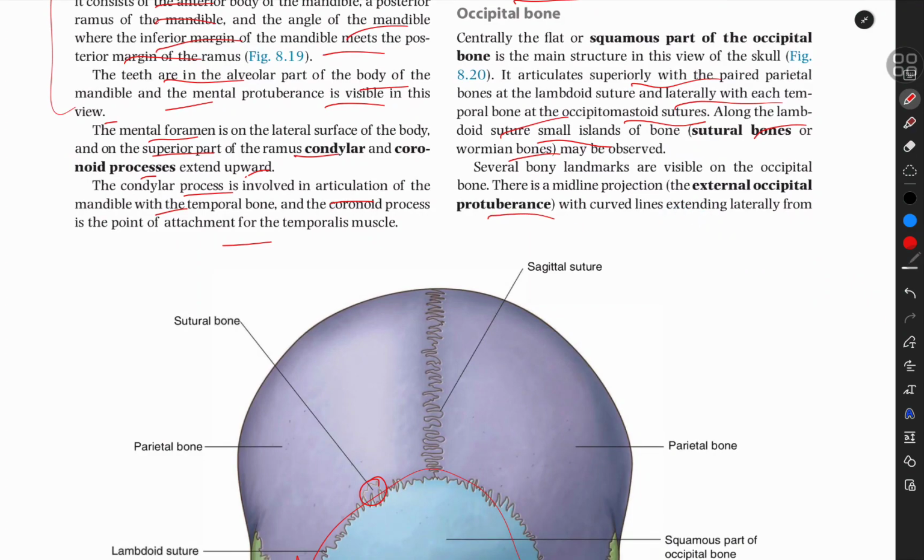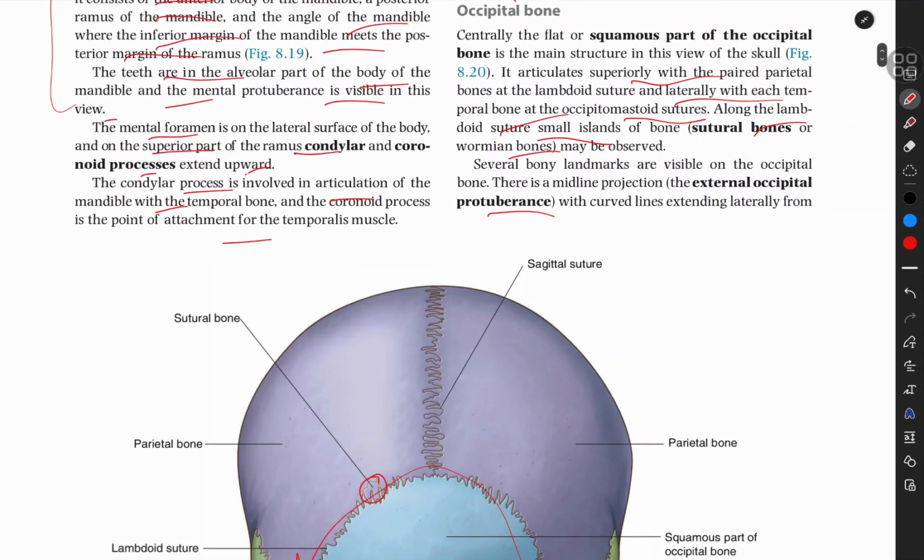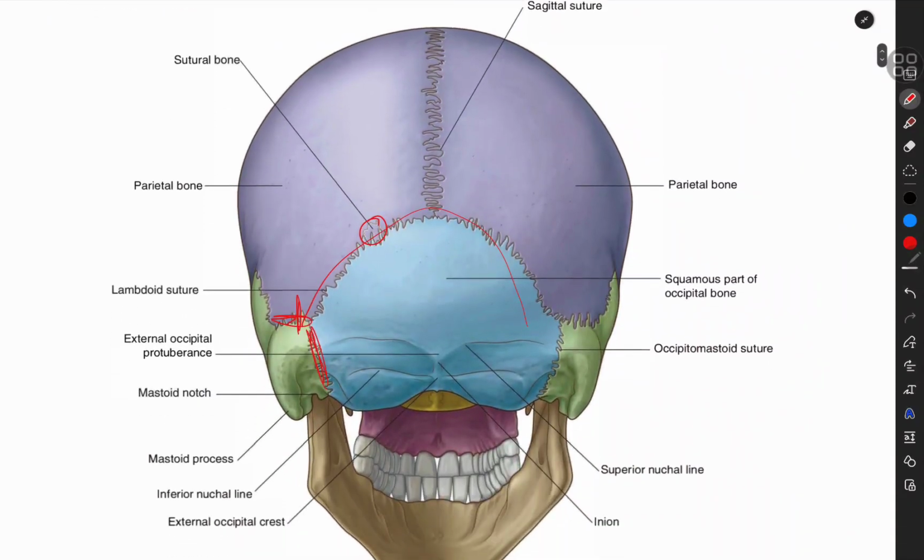External occipital protuberance with curved lines extending laterally. The superior nuchal line, inferior nuchal line, and I don't know where there's a supreme nuchal line, but some professors say there is.